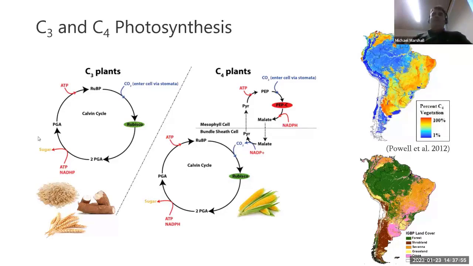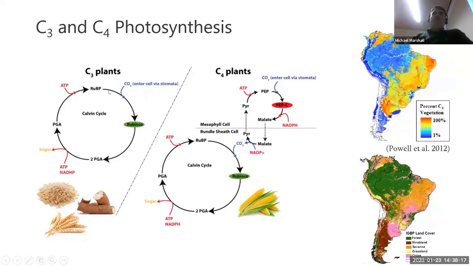We don't need to get into the details, but the main features we're looking at are what are called C3 plants and C4 plants. C3 plants, most crops are C3. I show some examples here: rice, cassava, wheat. C4, the main C4 crop is corn or maize.